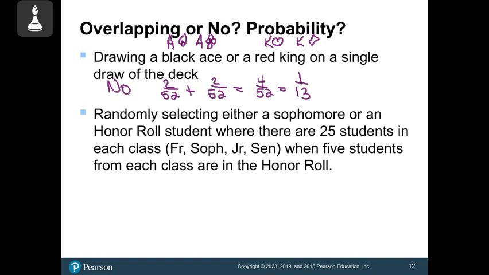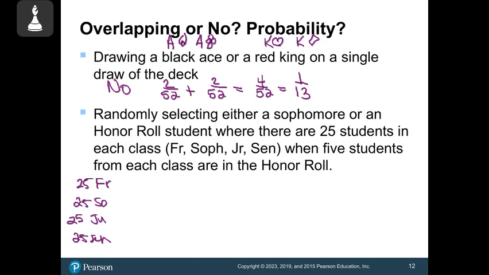Next one, randomly selecting either a sophomore or an honor roll student where there are 25 students in each class. Okay, so we've got 25 freshmen, 25 sophomores, 25 juniors, and 25 seniors. And 5 students from each class are in the honor roll.